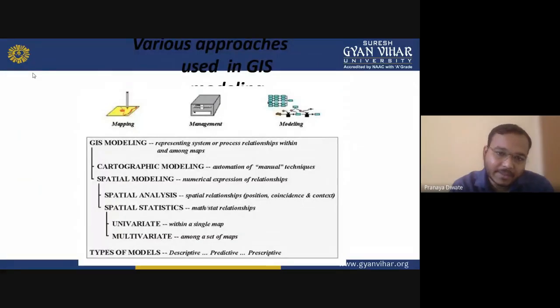Now, how can you use this in GIS? Various approaches are used in GIS: mapping, management, and modeling. So how can you model this? You can model this by spatial modeling techniques.